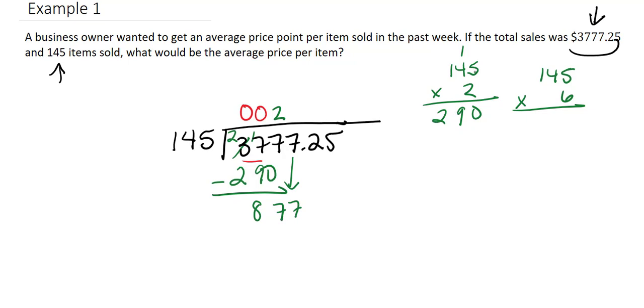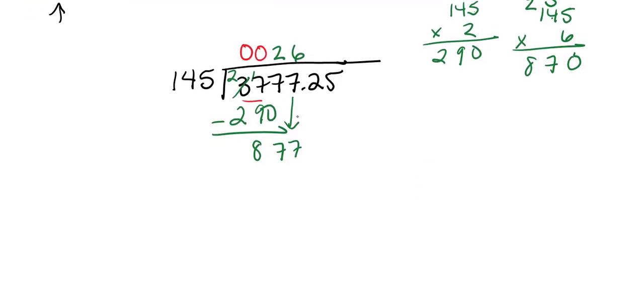So 145 times 6 should get us close to 900. 5 times 6 is 30. 6 times 4 is 24, plus 3 is 27. 6 times 1 is 6, plus 2 is 8. And then we have 870. So 145 can go into 877 6 times, with a 6 above that third 7.